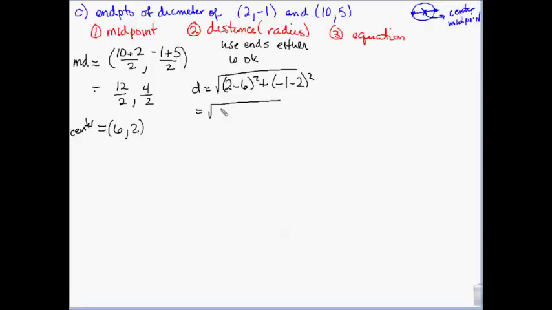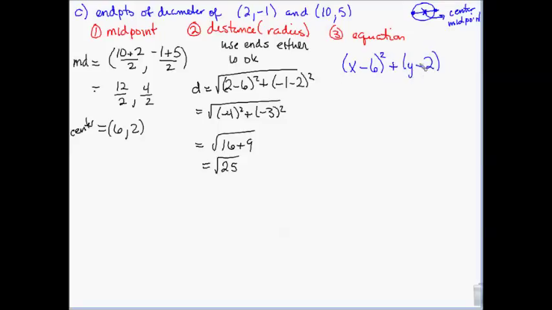So that gives me negative 4 squared plus negative 3 squared, which gives me 16 plus 9, which is 25. Now I can do the equation. X minus 6, the center, plus y minus 2, center, is equal to the radius squared.